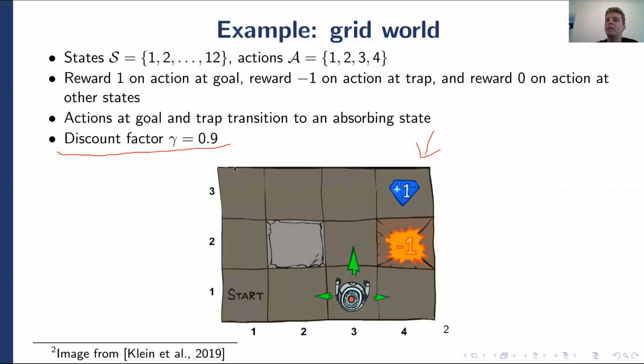So there are different ways in which you could formulate this problem, but you always have to be careful that the agent is encouraged by your reward definition to do what you want it to do. And it's not entirely obvious sometimes how to formulate the rewards to encourage the agent to do what you want it to do. So I hope this example made it clear to you how a problem can be formulated as a reinforcement learning problem.